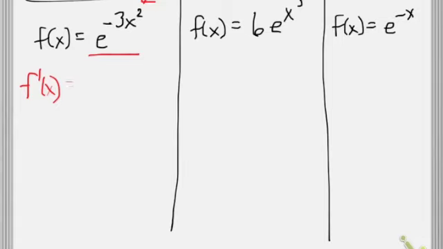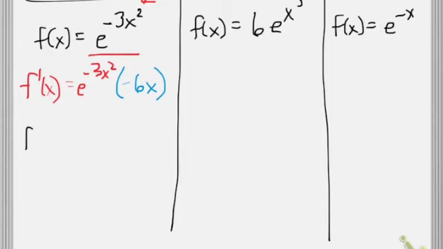In the derivative, we are going to write what we see. And then we're going to multiply this by the derivative of negative 3x squared, which is negative 6x.